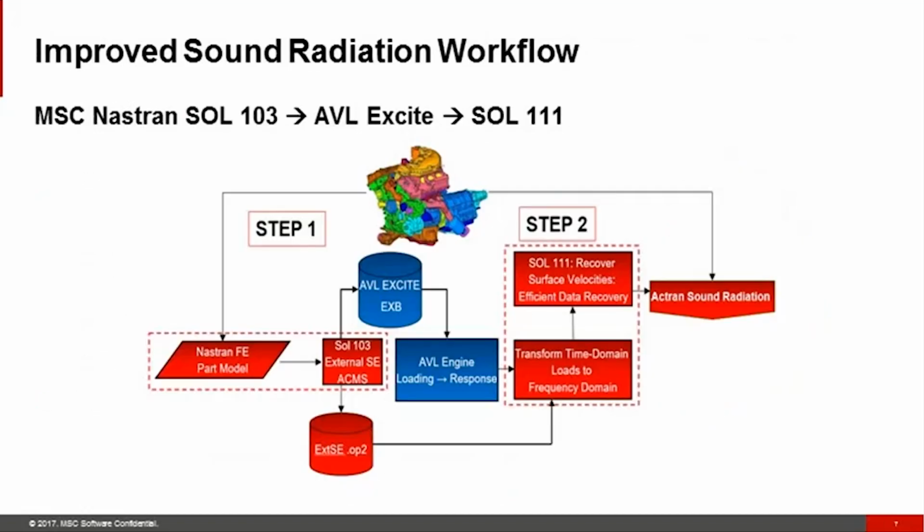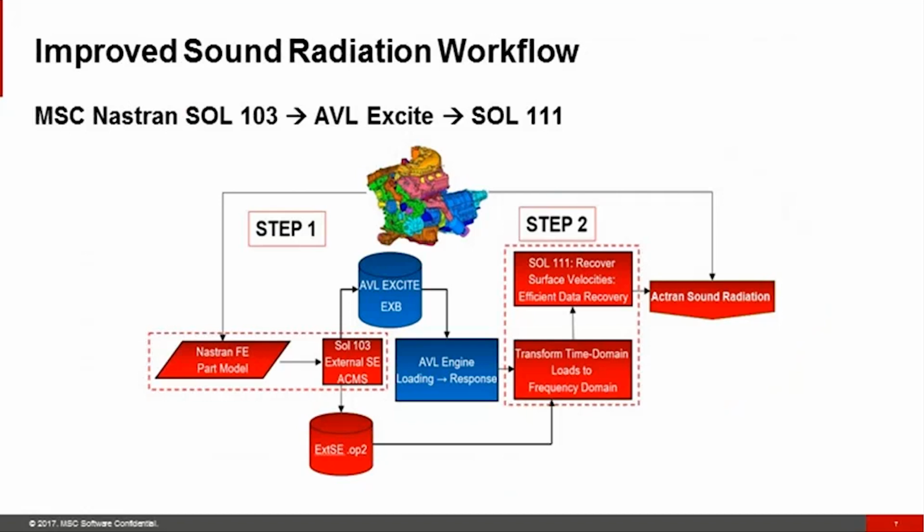So here's the typical workflow for studying the sound radiation in your powertrains. Generally, our customers start with a Nastran finite element model, and then you do a Solution 103 type analysis with ACMS to get your mode shapes.